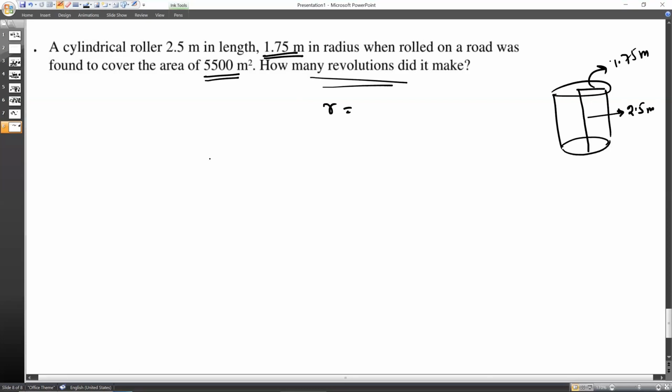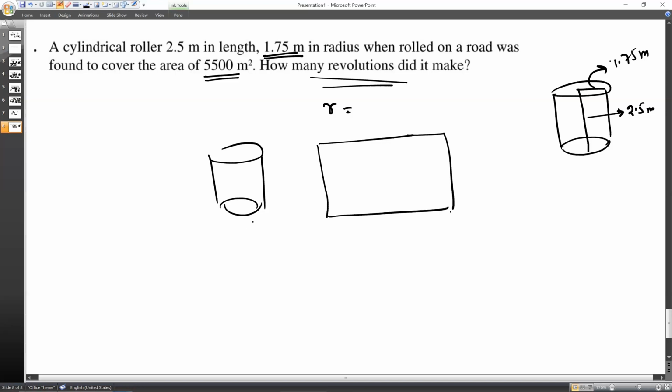When a roller takes one complete revolution, the area covered by this roller is equal to the curved surface area of the cylinder, which is the area covered in one revolution.